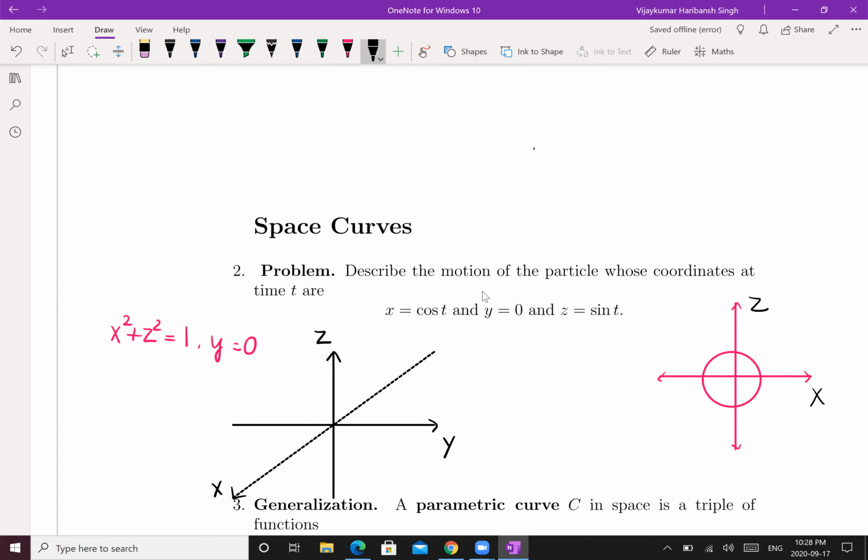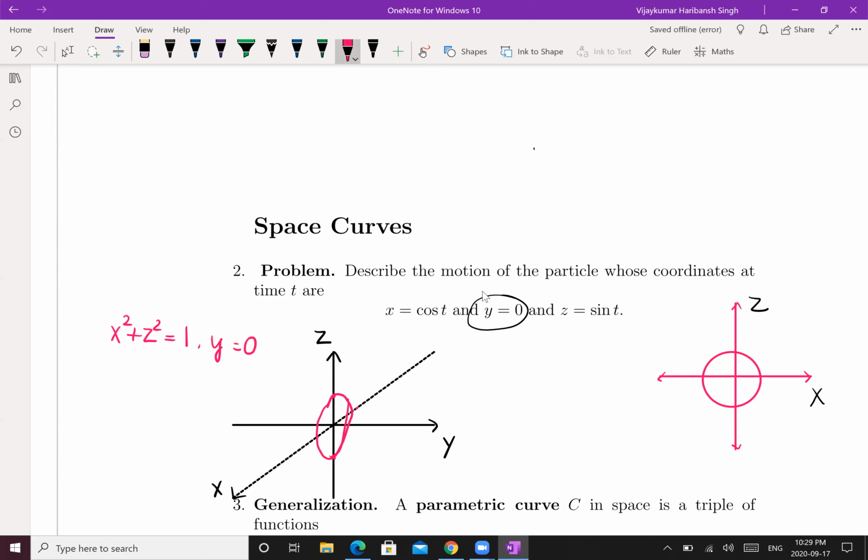So we now have a circle in the xz plane, because y is 0, so we are already projected into the xz plane. There we get a circle of radius 1. This is how a circle of radius 1 will look with y equals 0. So this is the graph of this function.